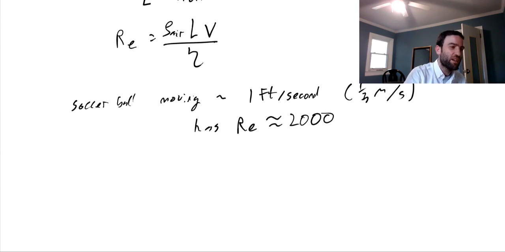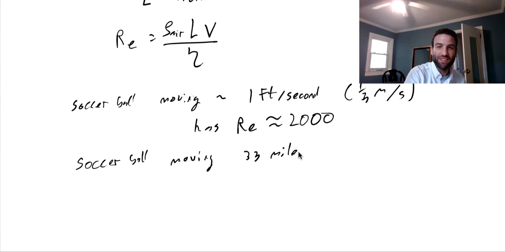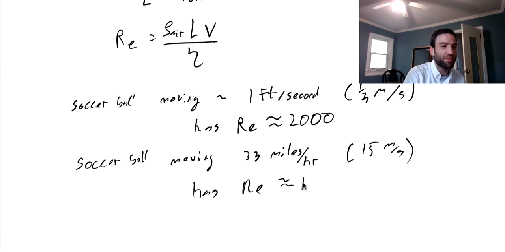Okay, and a soccer ball moving at 33 miles per hour, which is like 15 meters per second, has a Reynolds number of about 100,000.